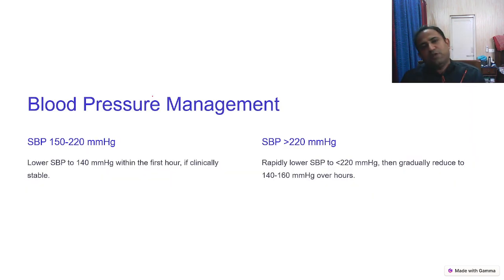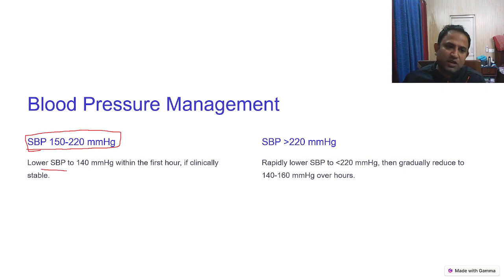So coming to the point of blood pressure management, the American Heart Association says you have to achieve blood pressure control as early as possible. In case a person has come with a systolic blood pressure of 150 to 220, please lower the systolic blood pressure to less than 140 within the first 1 hour.